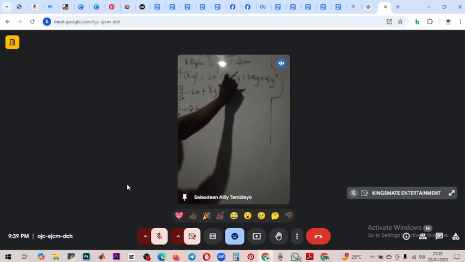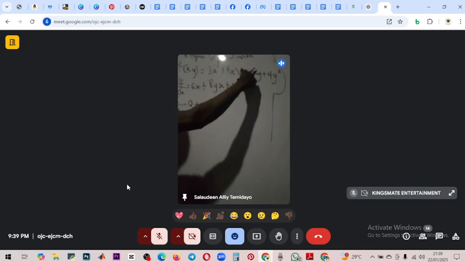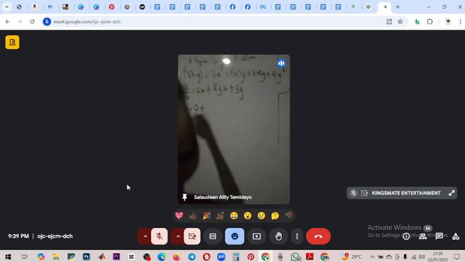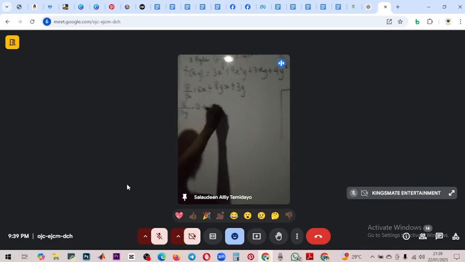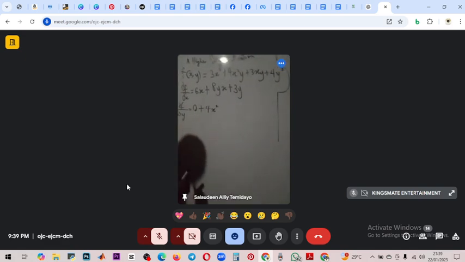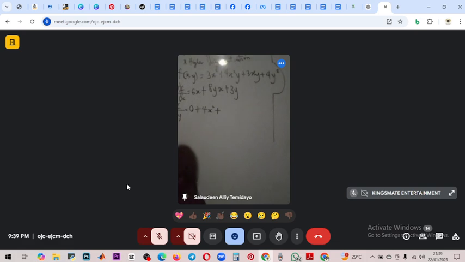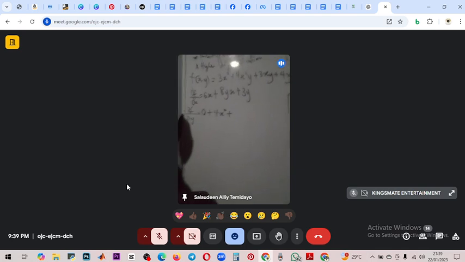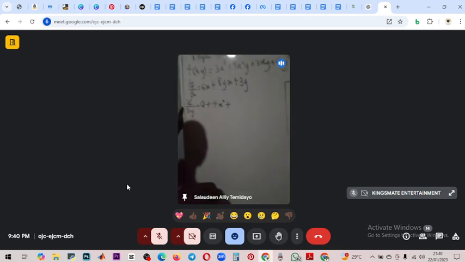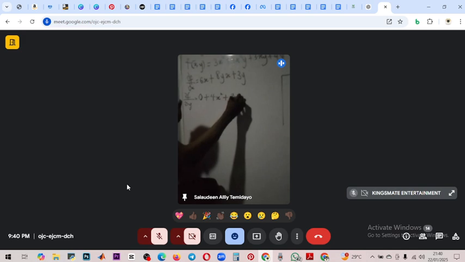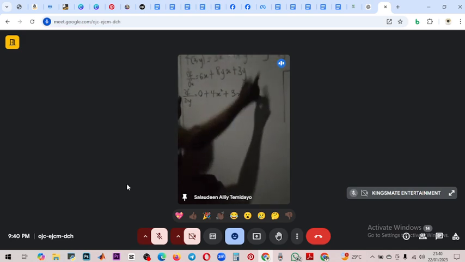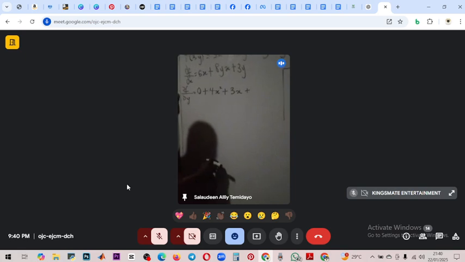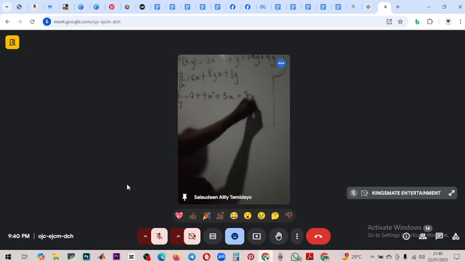I have 4x squared y, but if x is a constant and I'm differentiating with respect to y, what I have here is simply 4x squared. Plus 3xy, if I differentiated this, I'll have 3x as the derivative. And 4y squared, differentiated with respect to y, is 8y.